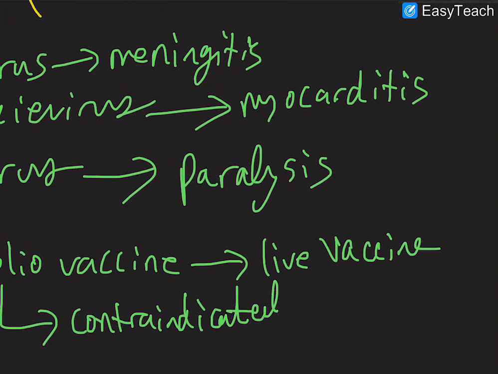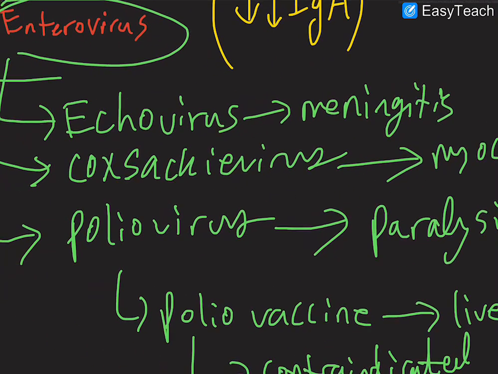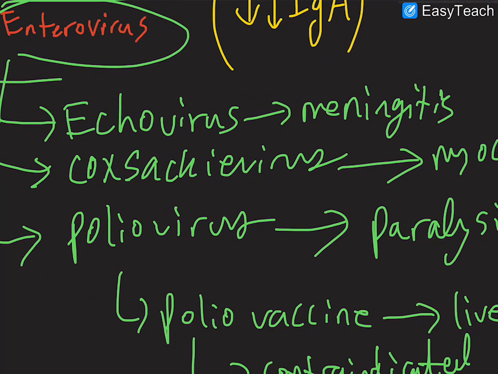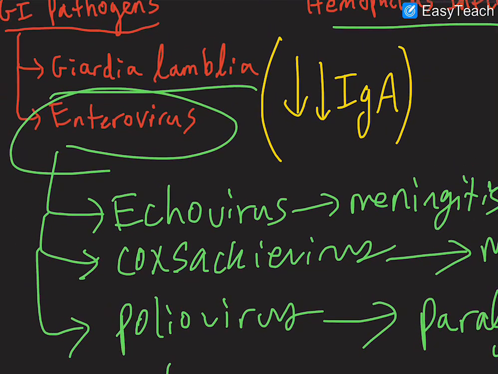Okay. So these are certain viruses that can infect patients with X-linked agammaglobulinemia because of no IgA. So you have no defense in your mucosa, right? We know IgA is important for mucosal immunity.